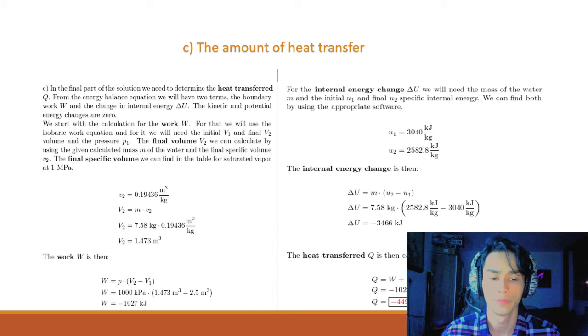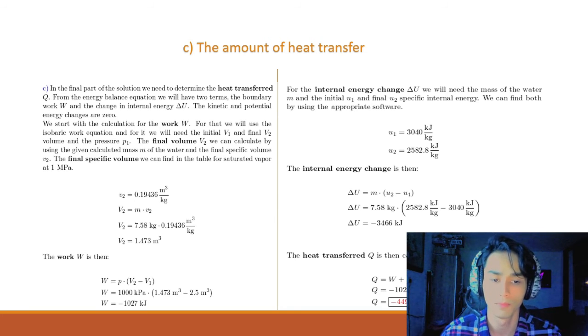And for that, we want to calculate the heat transfer, which is Q. So the formula that we want to use to calculate the heat transfer is Q equal to work plus delta U, which is internal energy change.